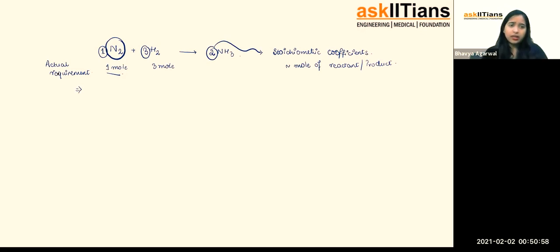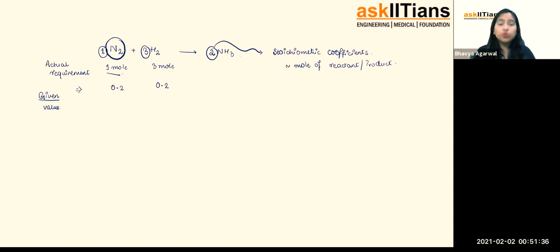Now suppose in the question the given values are 0.2 moles of nitrogen and 0.2 moles of hydrogen, and they ask how much ammonia will be formed. In the actual reaction, for 1 mole of nitrogen, I need thrice the amount of hydrogen.